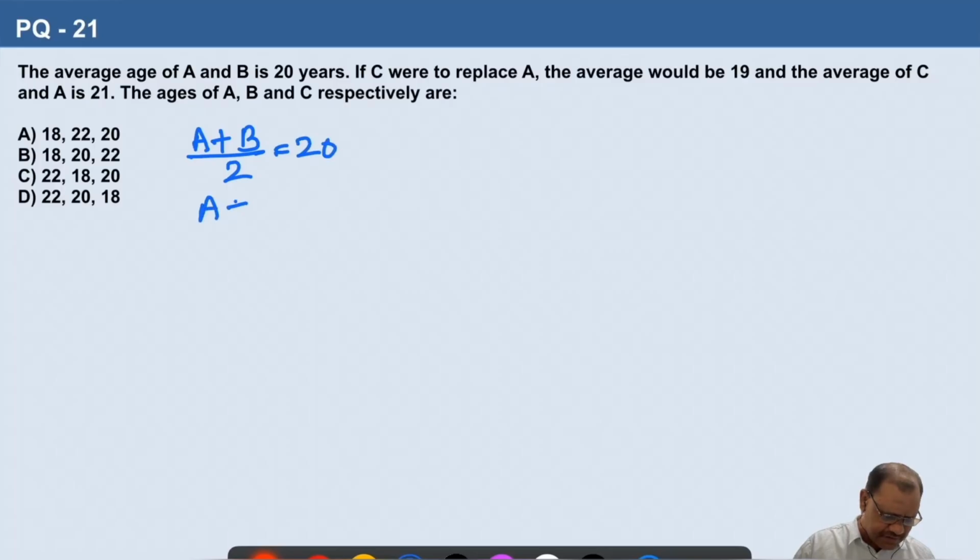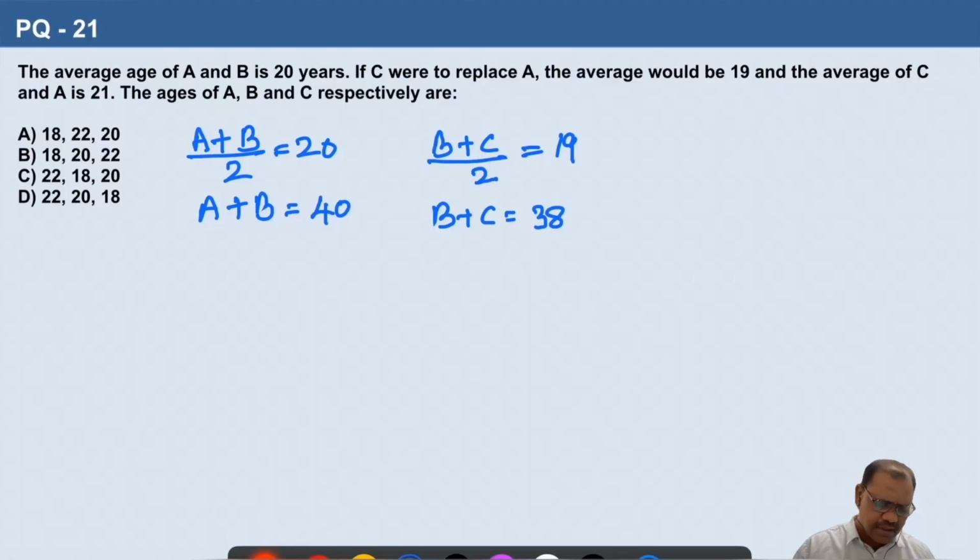A plus B is equal to 40 by cross multiplication. If C were to replace A, so that means B plus C by 2, the average would be 19. So B plus C is equal to 38. And the average of A and C is 21. So A plus C is equal to 42.